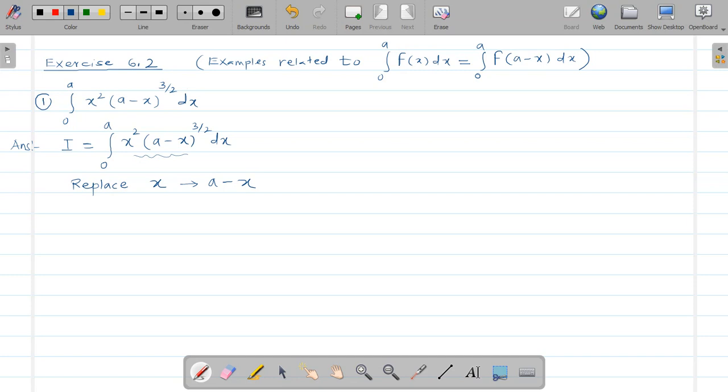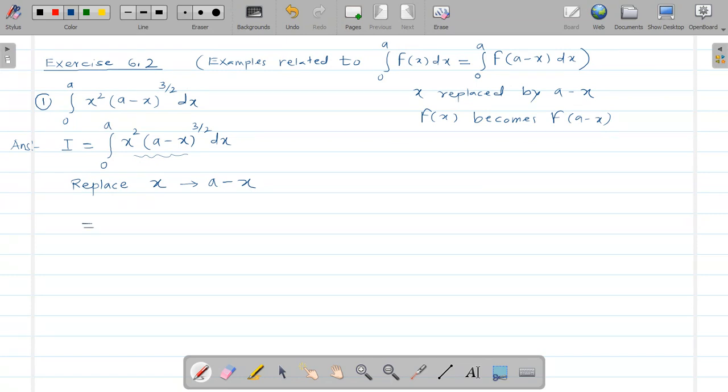In the property also it is a, so x is replaced by a minus x, and that's why f of x becomes f of a minus x. This is the change here. In this example also the upper limit is a and the lower limit is 0, so x changes to a minus x.